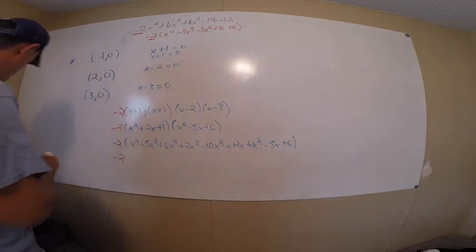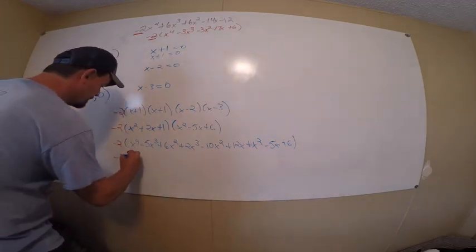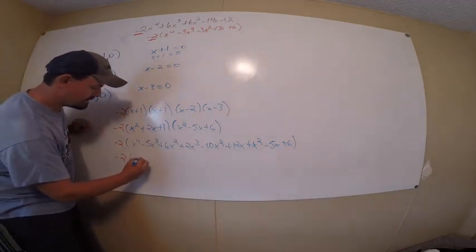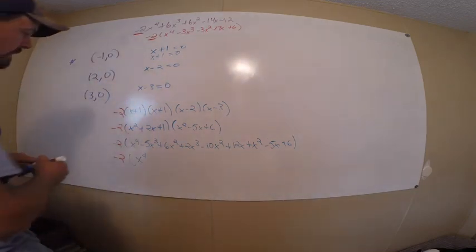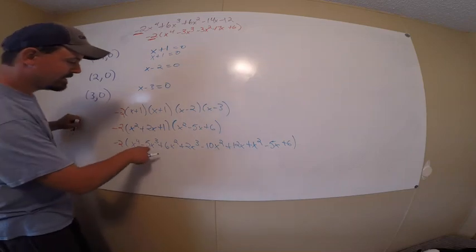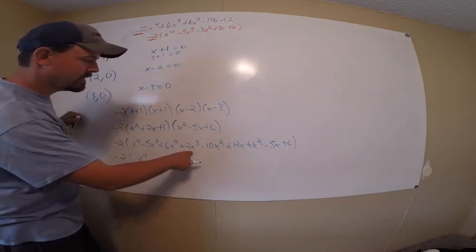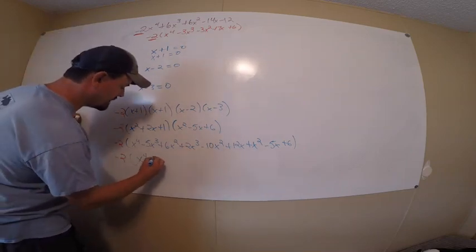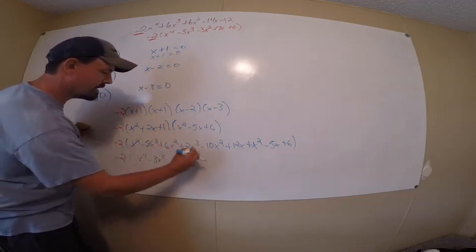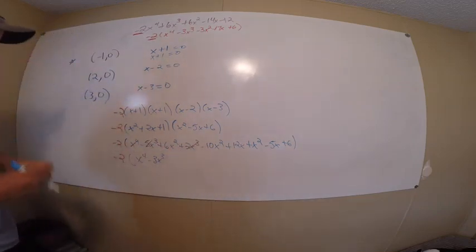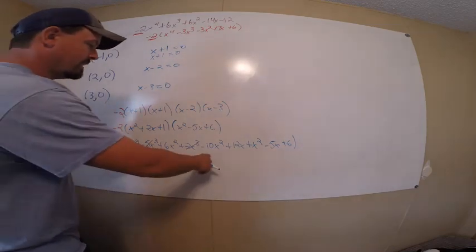So keep that negative 2 out front. X to the 4th cannot be combined with anything, so I'll just leave it alone. I need to combine this negative 5x to the 3rd and this 2x to the 3rd. That's going to give me a negative 3x to the 3rd. So we already took care of that one, that one, that one. Now, we need to combine these squareds.